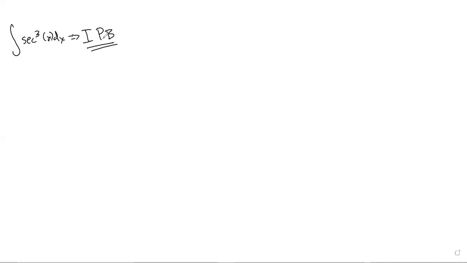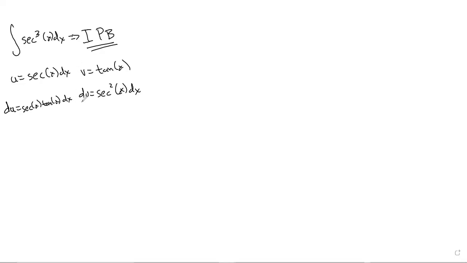So with integration by parts, we're going to identify u as secant x, and we're going to identify dv as secant squared x dx. We make this choice because v will simply be the tangent of x. du is going to be secant x tangent x dx.